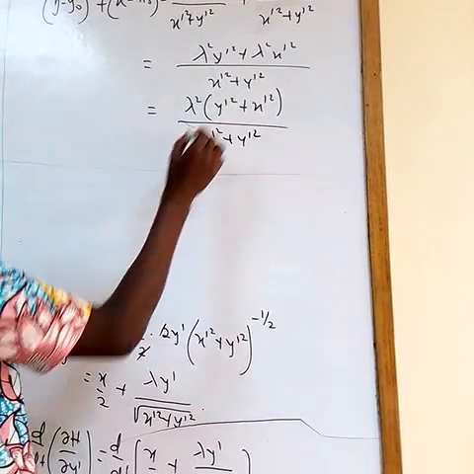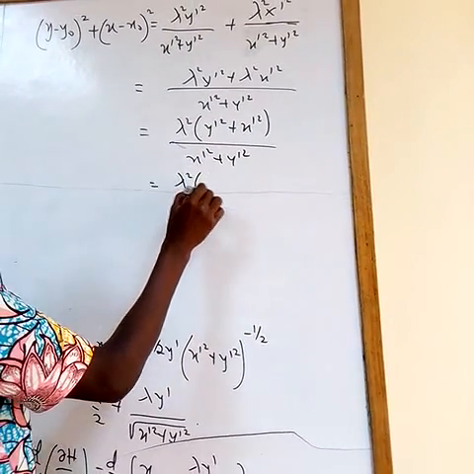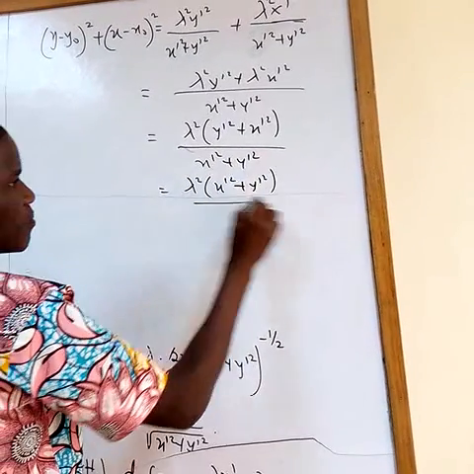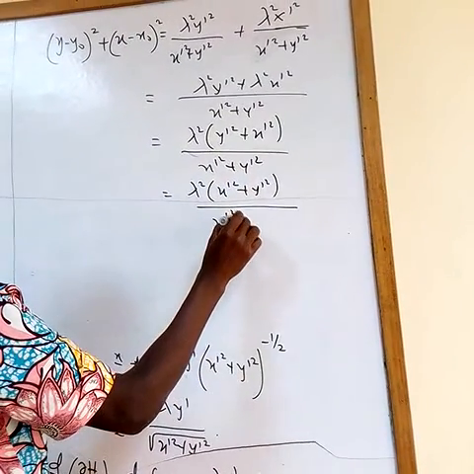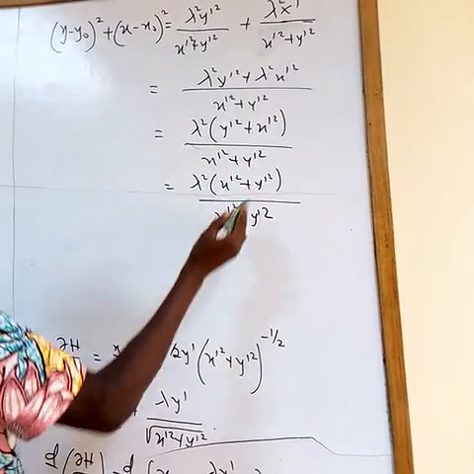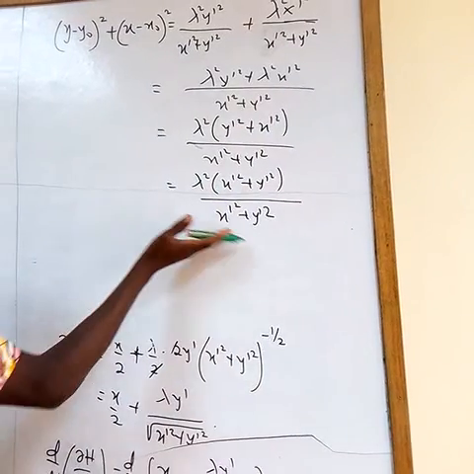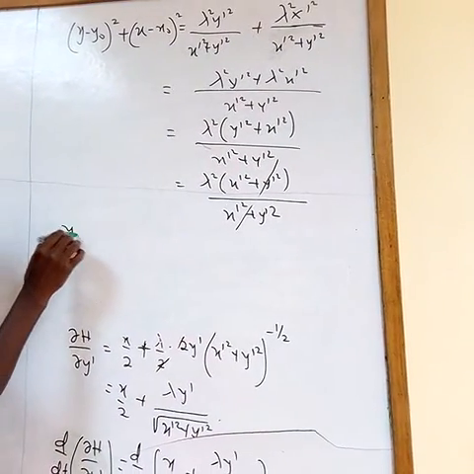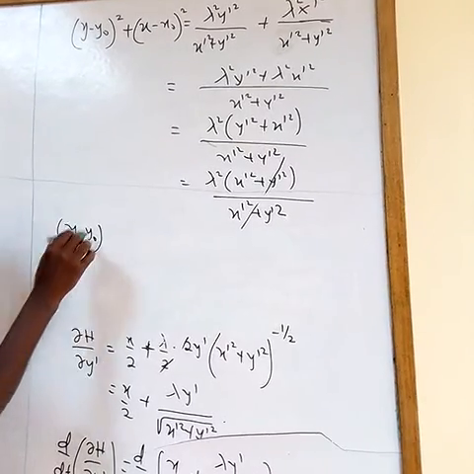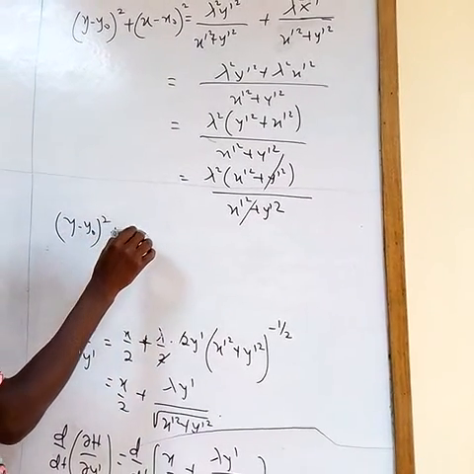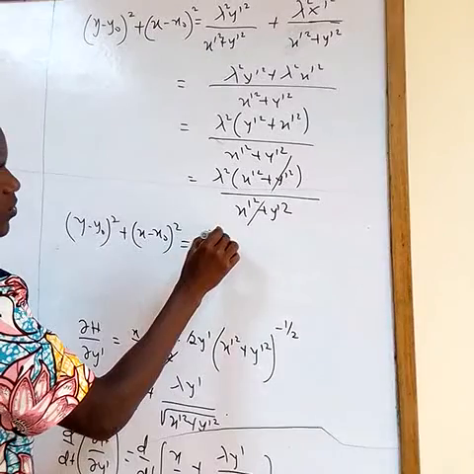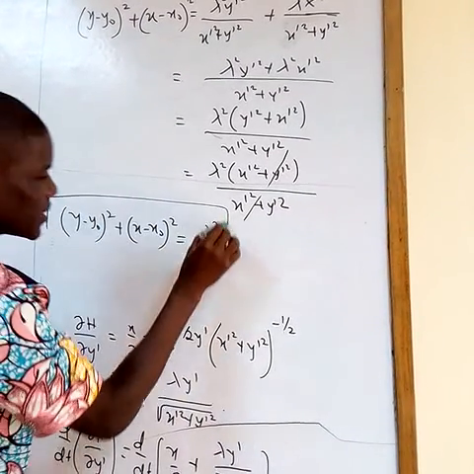By the time you rearrange this one, we are going to have λ² into x'² plus y'² over x'² plus y'². x'² plus y'² is the same thing as this, so automatically this one gives 1. So we are going to have (y minus y₀)² plus (x minus x₀)² is equal to λ². What type of equation is this?